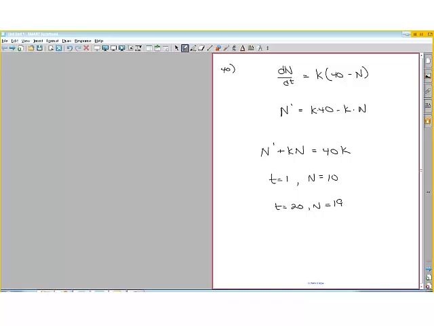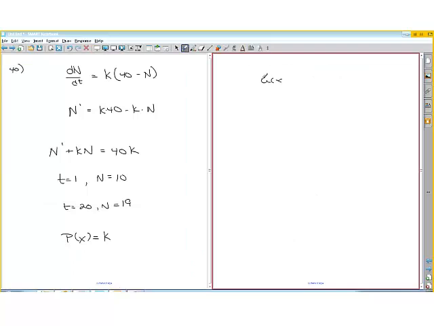Okay, since it's a first order linear differential equation, we're going to use integrating factors. So P of x is equal to k. That's this coefficient right here. So the integrating factor is equal to e to the integral of P of x dx.